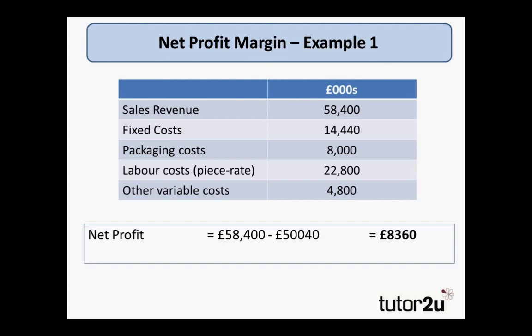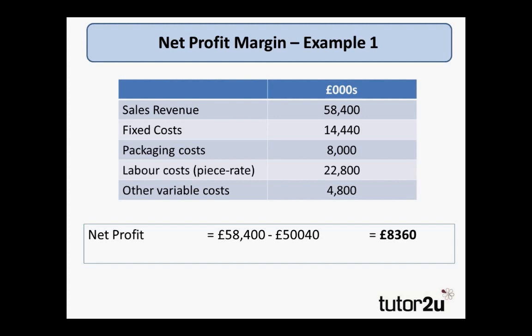Now, I mentioned in the earlier webinar, if you didn't join me in that, if you're asked any calculation questions in your exam, you must always show your working out, because that way, even if you get part of the question wrong, you may still be awarded some marks if the examiner can see any evidence of understanding in your answer. Even if you get asked a question on net profit margin and you can't find the figures to do the formula, write the formula down.